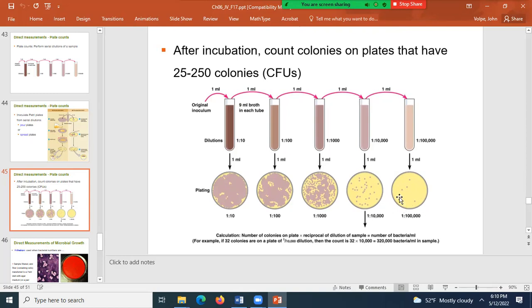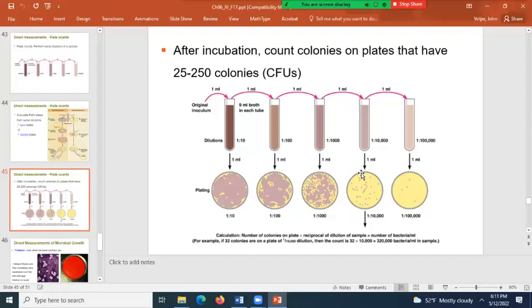The reason why you don't want to count from here is here we have only 4 colonies. So our mean is 4 plus or minus 1. That's plus or minus 25%. Here, I don't know, we have like 40 colonies. So our mean is 40 plus or minus 1, and that's plus or minus 1/40th, or 2.5 percent.